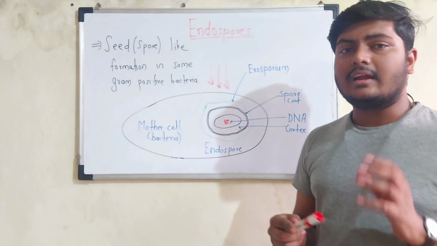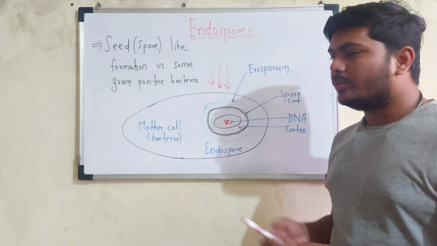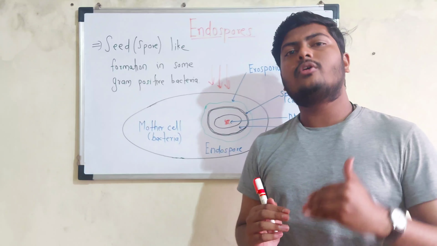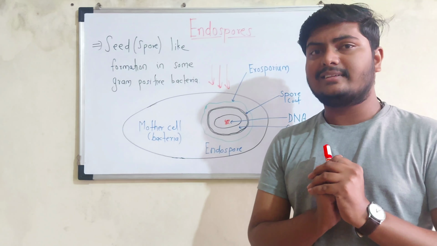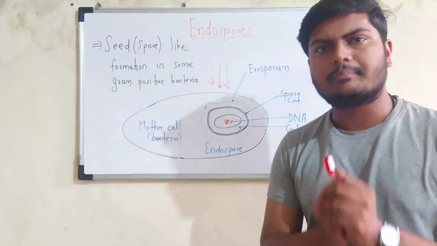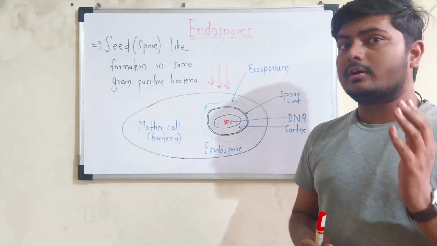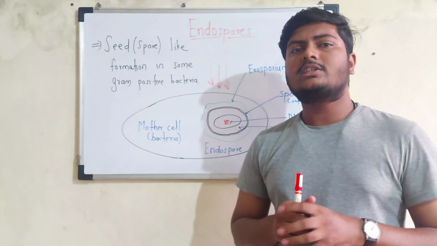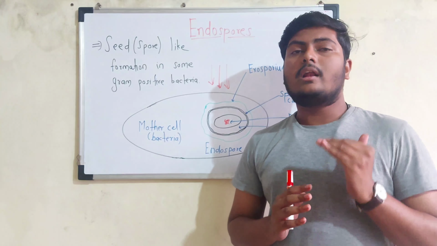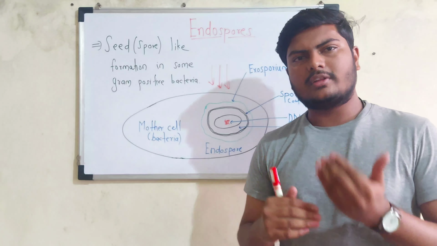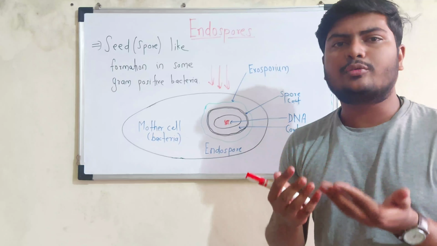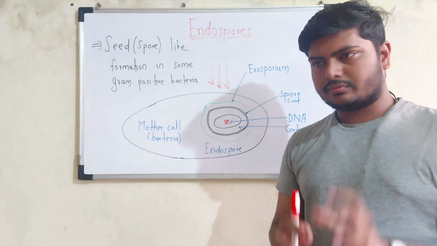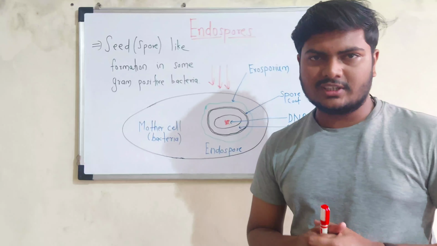That's the speciality of this endospore, a very special mechanism. When conditions become harmful for survival, they form the endospore, and when conditions are optimal, they transform again into a vegetative cell.